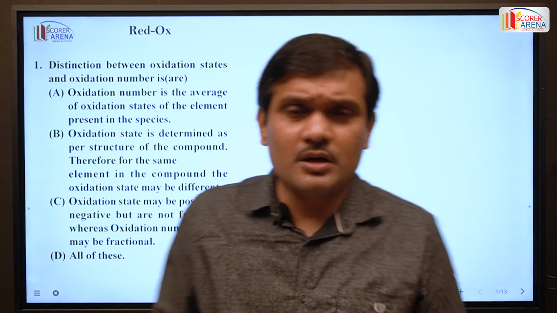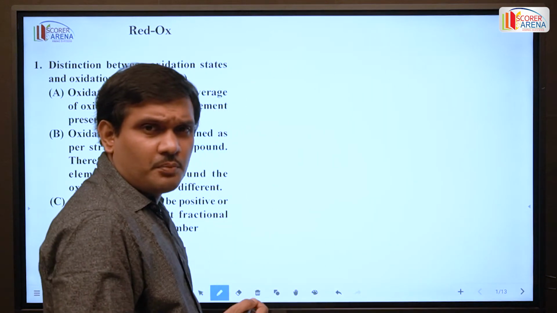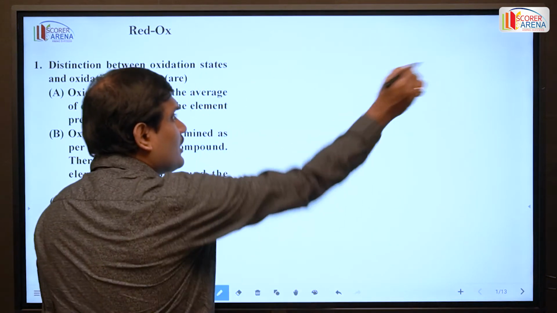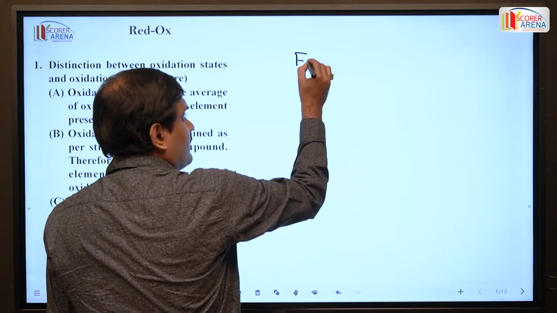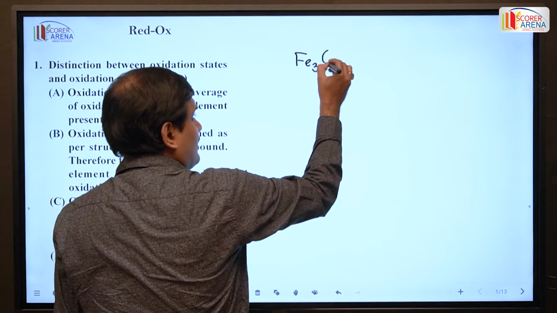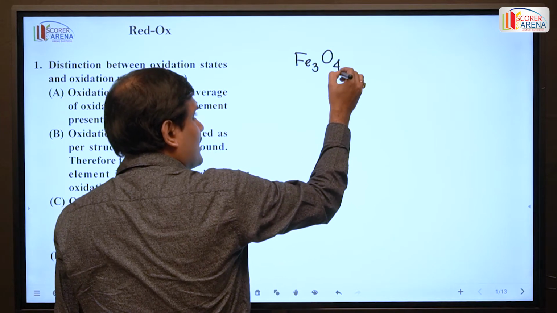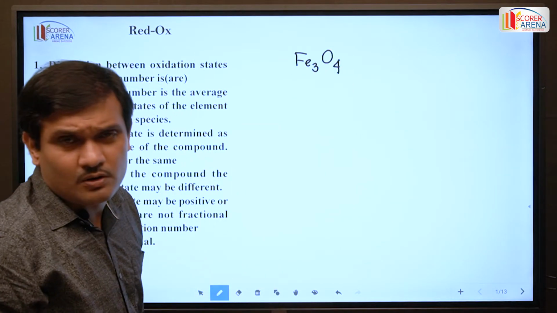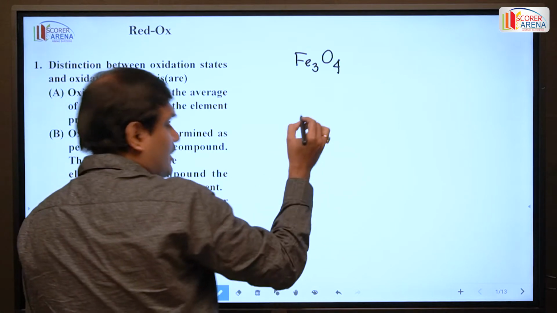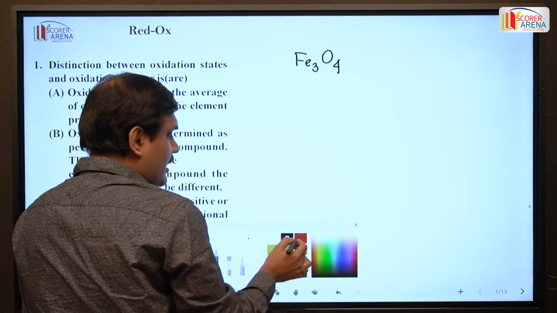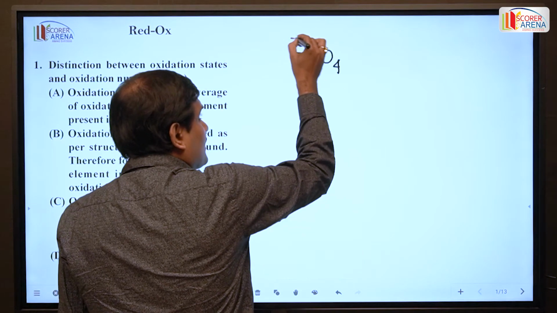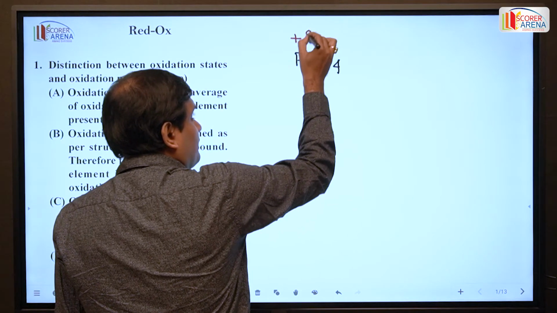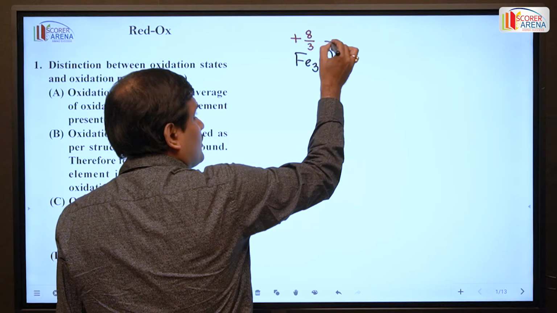Let us try to explain it with a proper example. If we deal with a compound like Fe3O4, it is ferrosoferric oxide, one of the well studied examples. Here iron has oxidation state plus 8/3, and oxygen is -2.